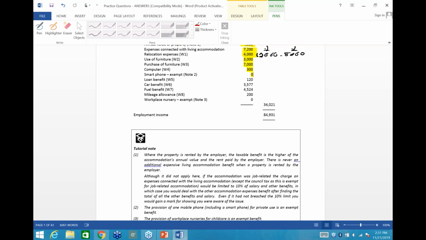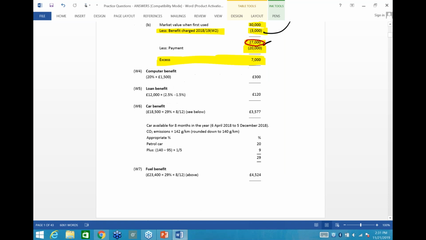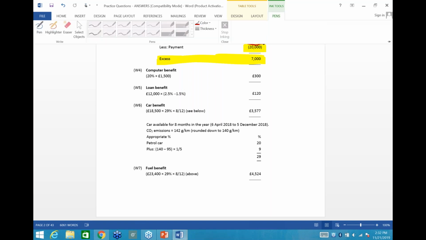So you can see the loan benefit computation. We'll look at the computation there. Loan benefit. So 12,000 is the value of the loan that is given. If I am going to borrow from outside, I have to pay at least 2.5%.